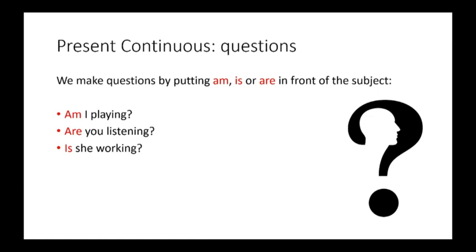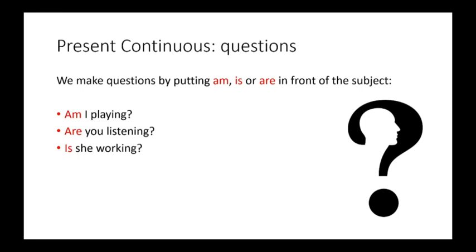So we just invert the verb be in one of its forms and the subject. If the positive sentence is I am playing, the question will be am I playing? Are you listening? Is she working? So we just invert the subject and the auxiliary verb.